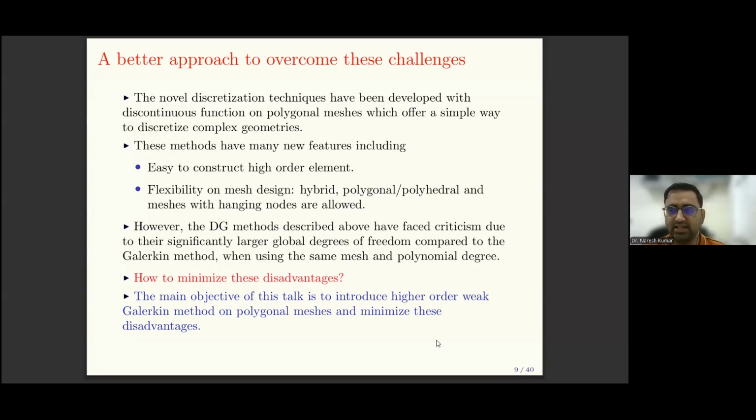Now the challenge is: can we minimize these disadvantages? Can we develop a DG-type method where the computational cost may be decreased, or where the complexity in the computation and in the error analysis can be reduced?